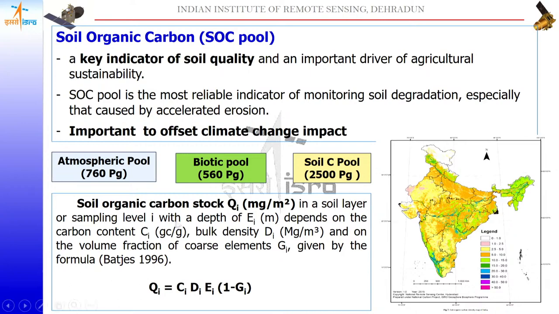So let me give you one figure: the atmosphere presently contains 760 petagrams of carbon.